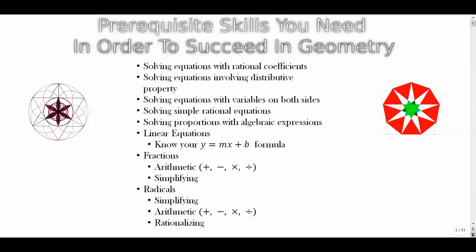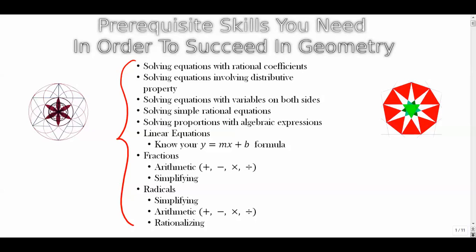This is the first video that you are watching as a geometry student in my class, and the reason I put this video together is to give you a really clear idea of the skills that you need in order to succeed this year. So as you go through this video, I'm going to show you problems that fall into each of these categories.